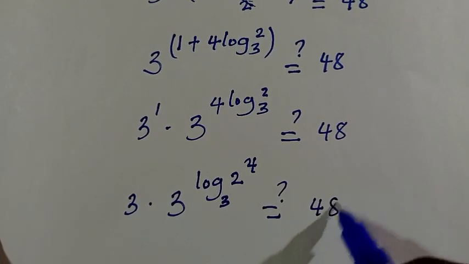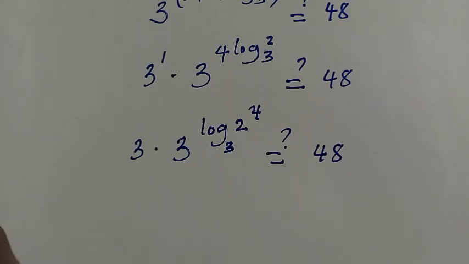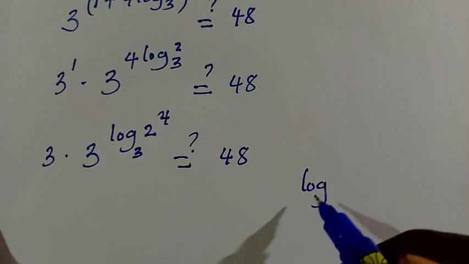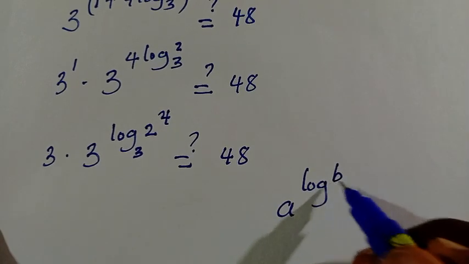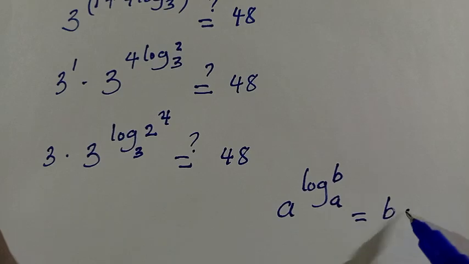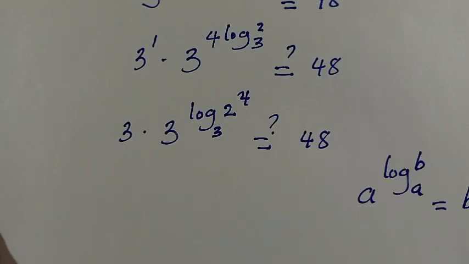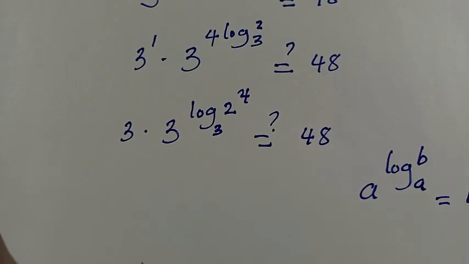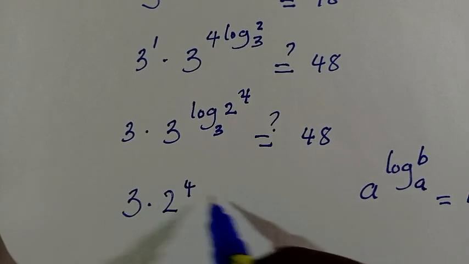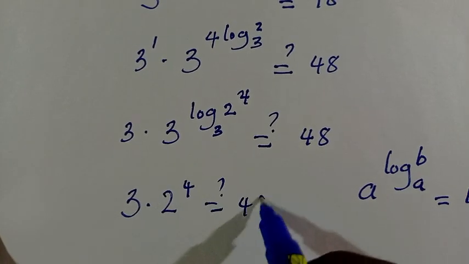Is this equals 48? Suppose we have a raised to the power of log b base a. This equals b. So by considering this, we have 3 multiplied by 2 raised to the power 4. Is this equals 48?